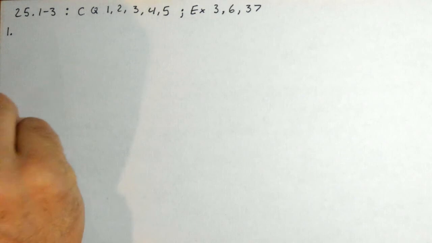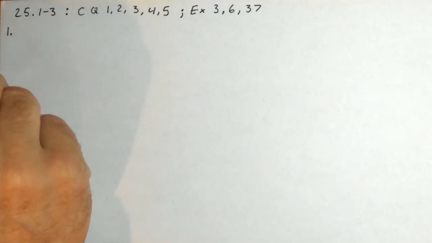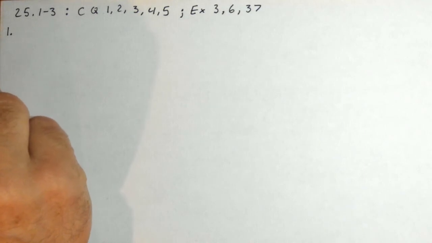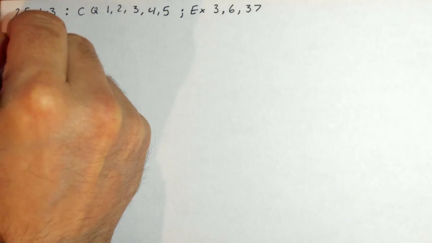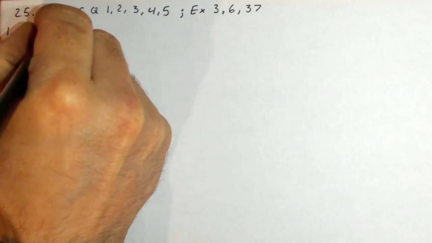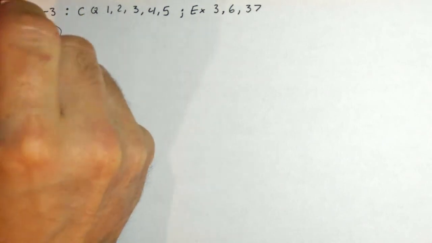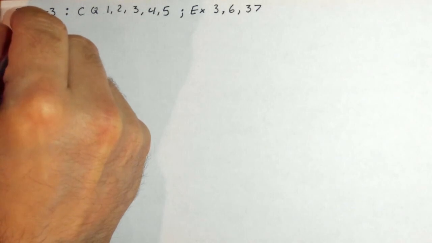Alright, so concept question 1, it's about the potential energy of a charge Q1 related to Q, and we have this Q1 is some distance away from a big Q. So here's one charge, here's another charge, and they're a distance r apart.